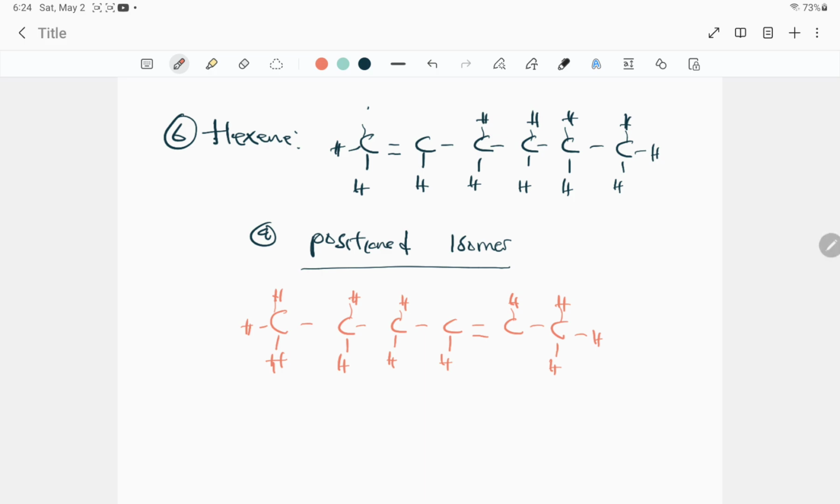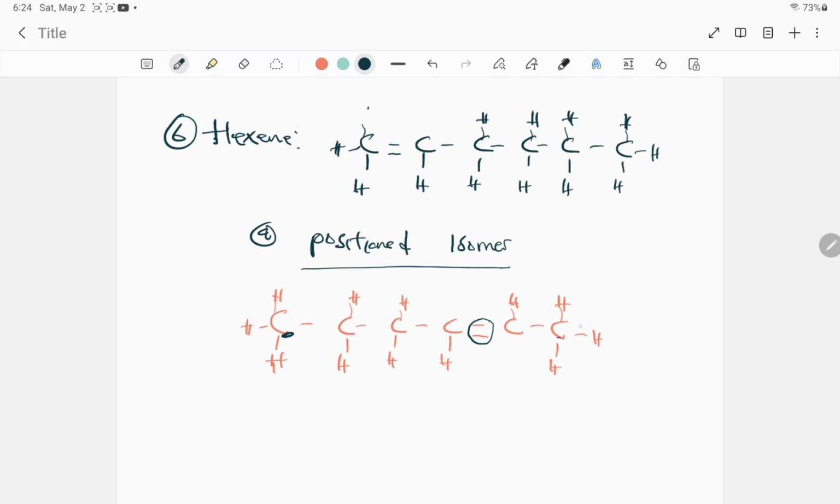So to write the name now, we will number the carbons starting from a carbon which is closer to the double bond. Meaning, I can't start from here to say 1 because this carbon is far from the double bond, but this carbon is nearer to the double bond.